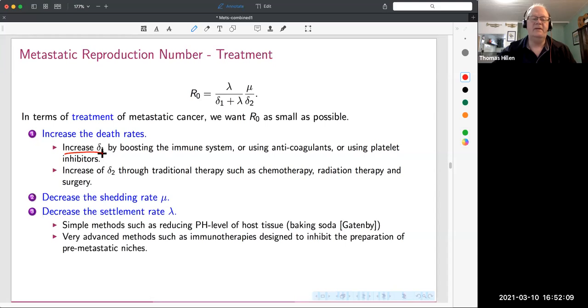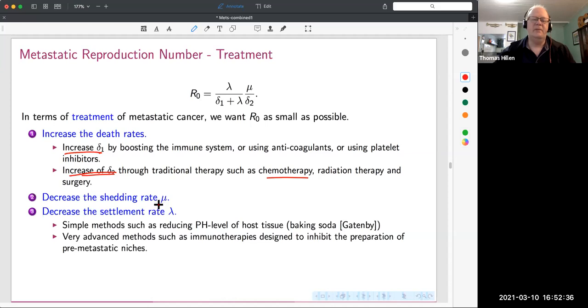So delta 1 is the survival during travel. And so you would try to do something in the blood system so they survive less. And then delta 2 is the survival of the stationary particles, and this can be done through traditional treatment. If you know where they are, you can apply radiation treatment. If you don't know where they are, you can still use chemotherapy or other therapies.